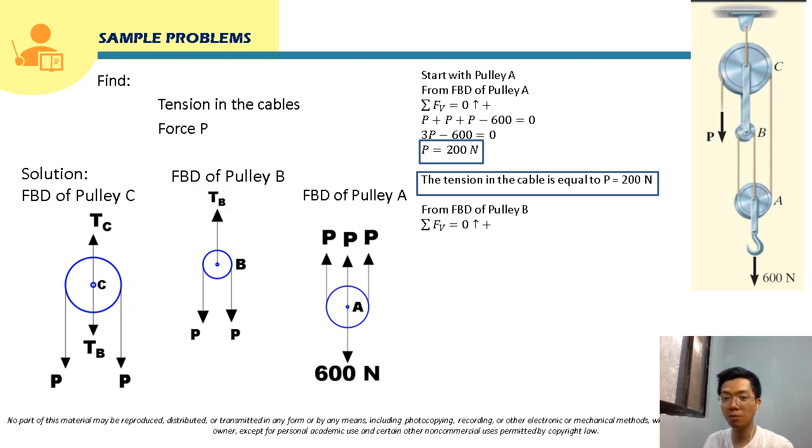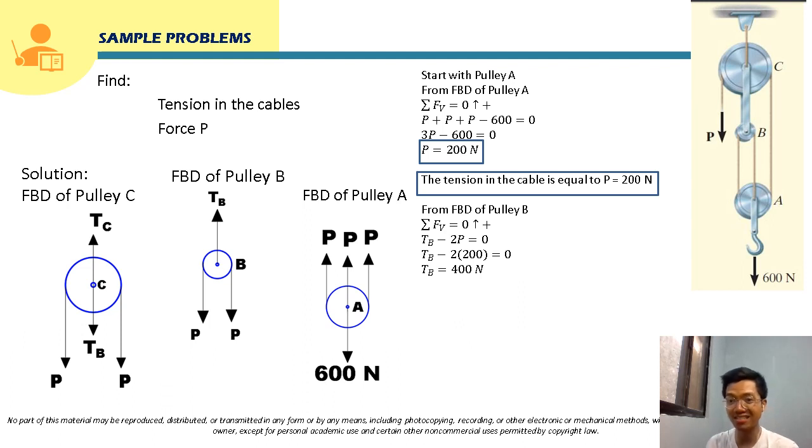That will be summation of forces vertical is equal to 0. Upward forces will be positive. So that will just be TB minus 2P, and that will be equal to 0. Substituting P, that is 200, and solving for TB, that will just be 400 Newton. So that will be the TB. This is not asked in the problem, so we will not box it.